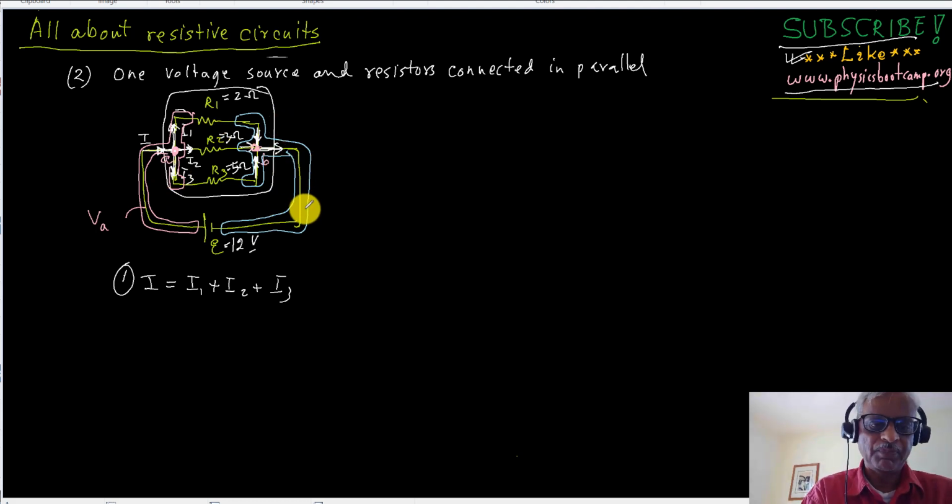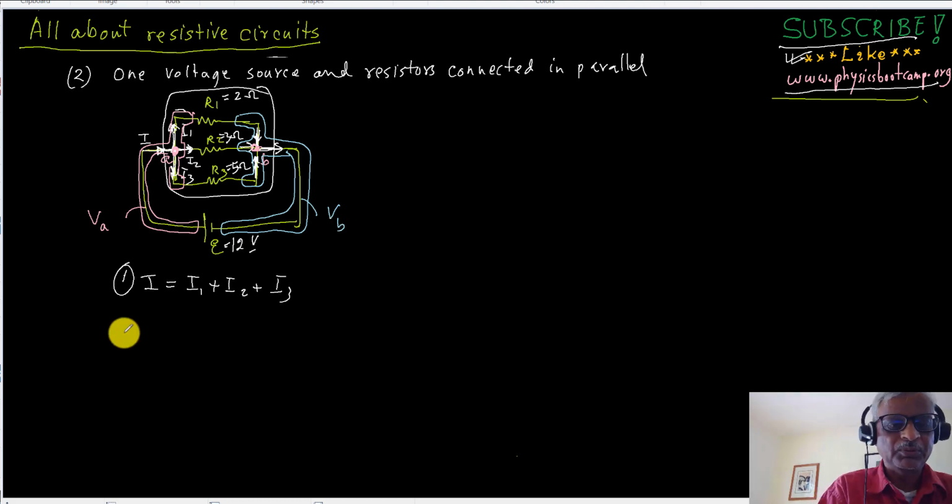So all of this is at potential VB. There is no unknown potential here. So VA is 12 volt and VB is 0 volt.